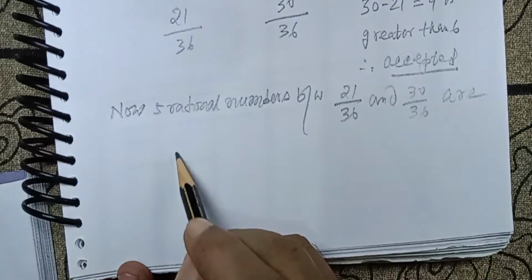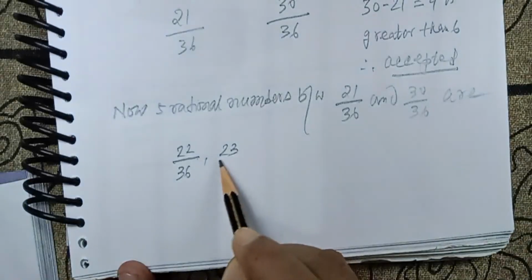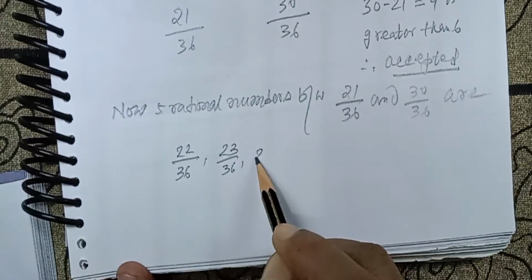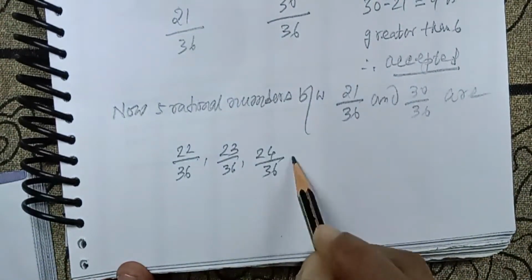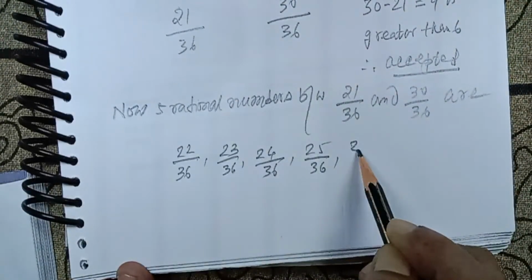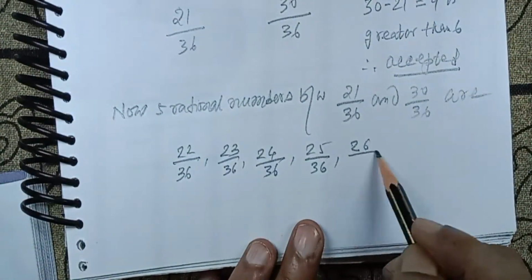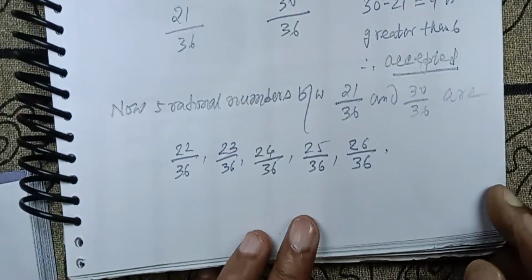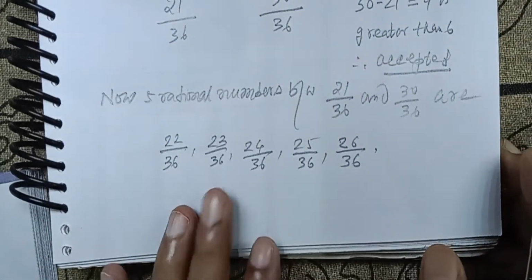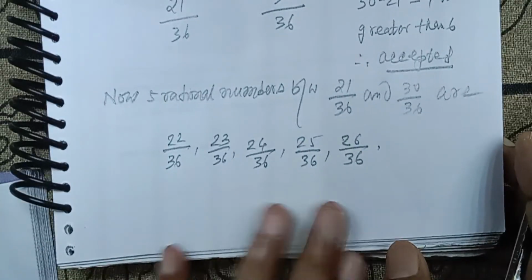They are 22 upon 36, 23 upon 36, 24 upon 36, 25 upon 36, 26 upon 36. Okay, I think you understood now. 1, 2, 3, 4, 5.